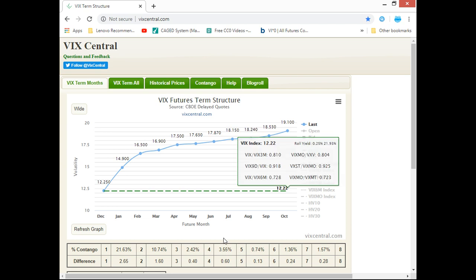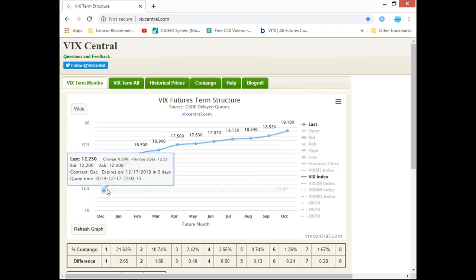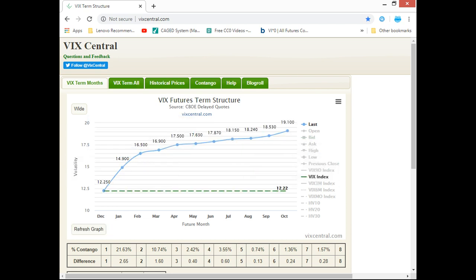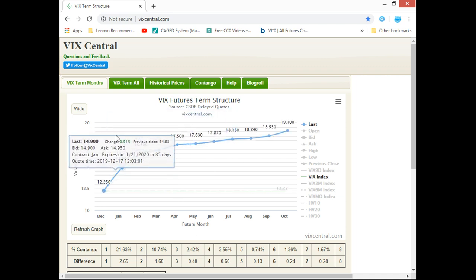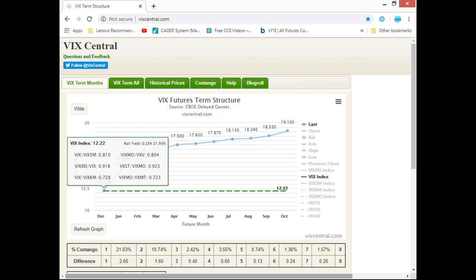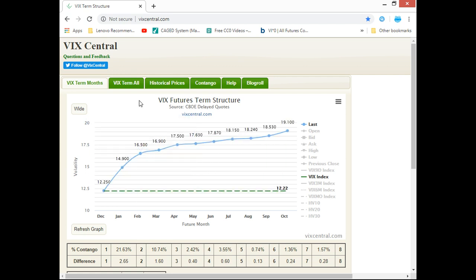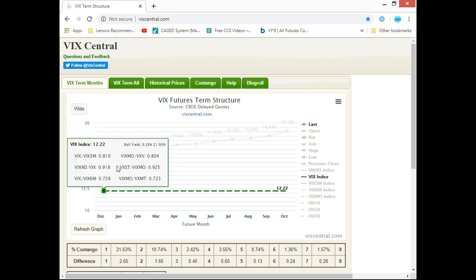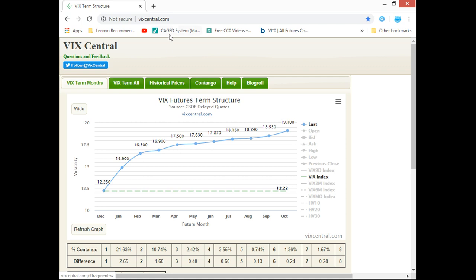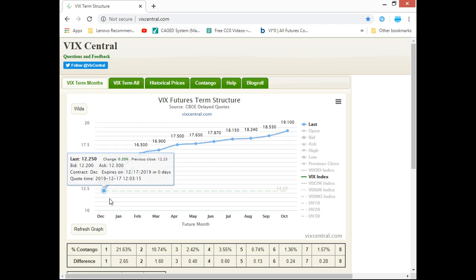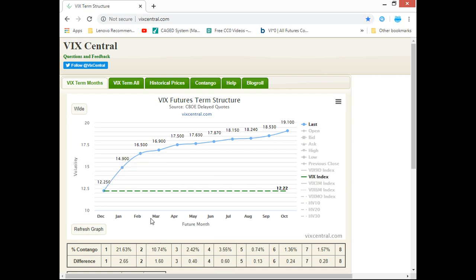And contango is basically just the percentage difference between these two prices in the future. So if I were to take 14.90 in January and subtract 12.25 from 14.90, that would be 2.65, and then if I were to divide that by the price of the first future, I would get that contango percentage of 21%.